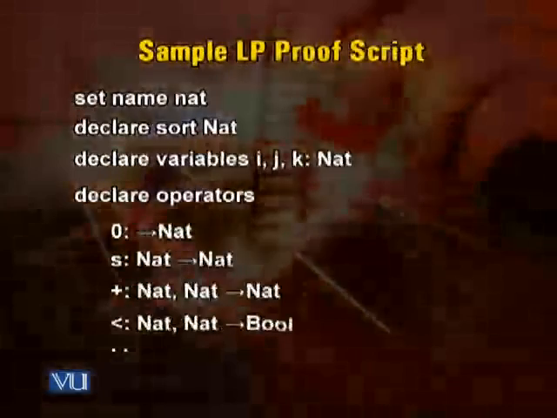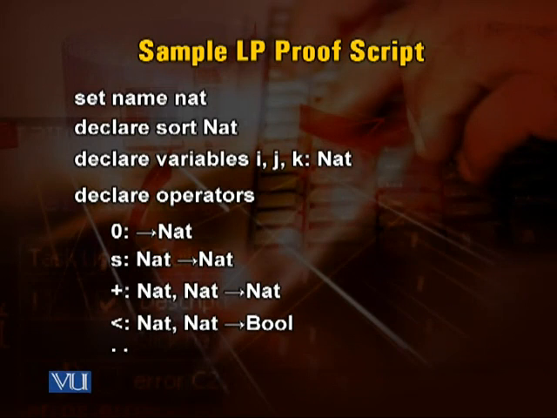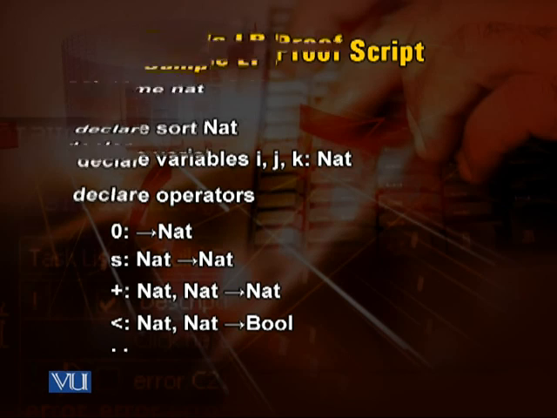So the proof for this very simple trait is: set name NAT, declare sort nat, declare variable I, J, K of type nat, declare operators. 0 gives us nat, S takes a nat and gives us nat, plus nat comma nat gives us nat, less than nat comma nat gives us a boolean. So this is basically corresponding to the signature part of the trait.